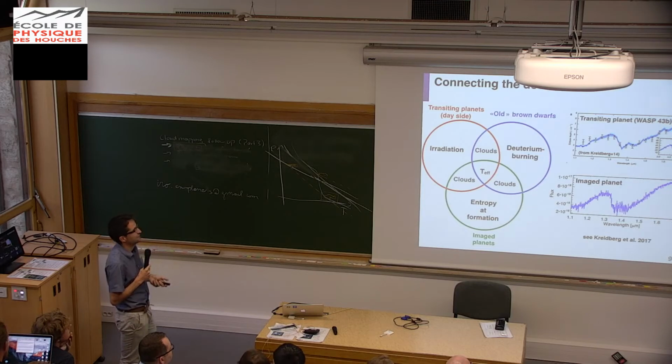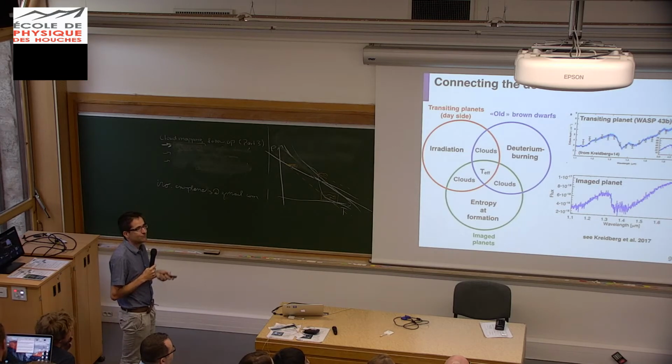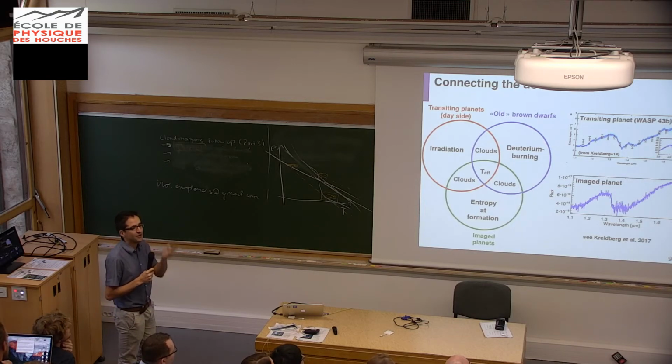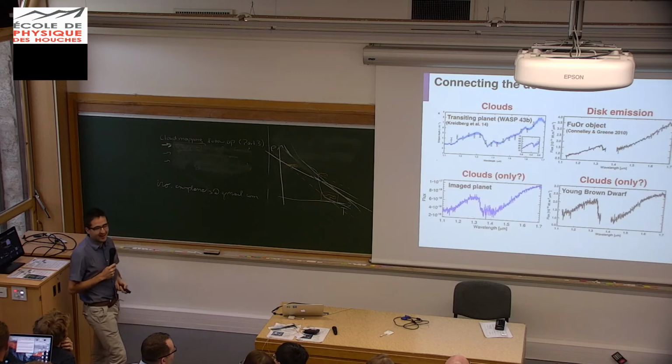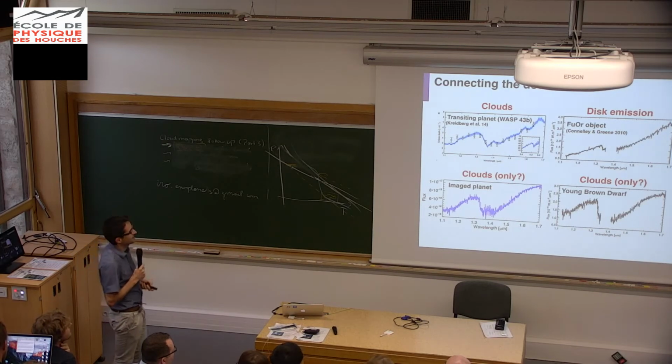So that's very funny to make the comparison. It's VHS 1256b. It's a 12 Jupiter mass object around a pair of M dwarfs. So, well, call it a planet or not, that doesn't change what I'm saying. 1,700 Kelvin, I think, something like that.